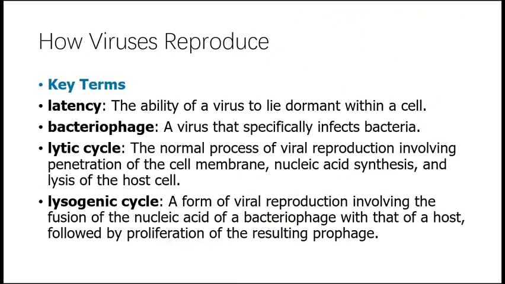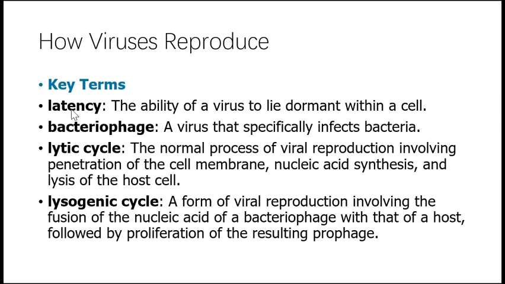Now let's review some key terminologies in virus reproduction processes. The first term we're going to look at is latency. I did not really mention the word previously, and I apologize for that, but it basically means the ability of the virus to lay dormant within a cell.